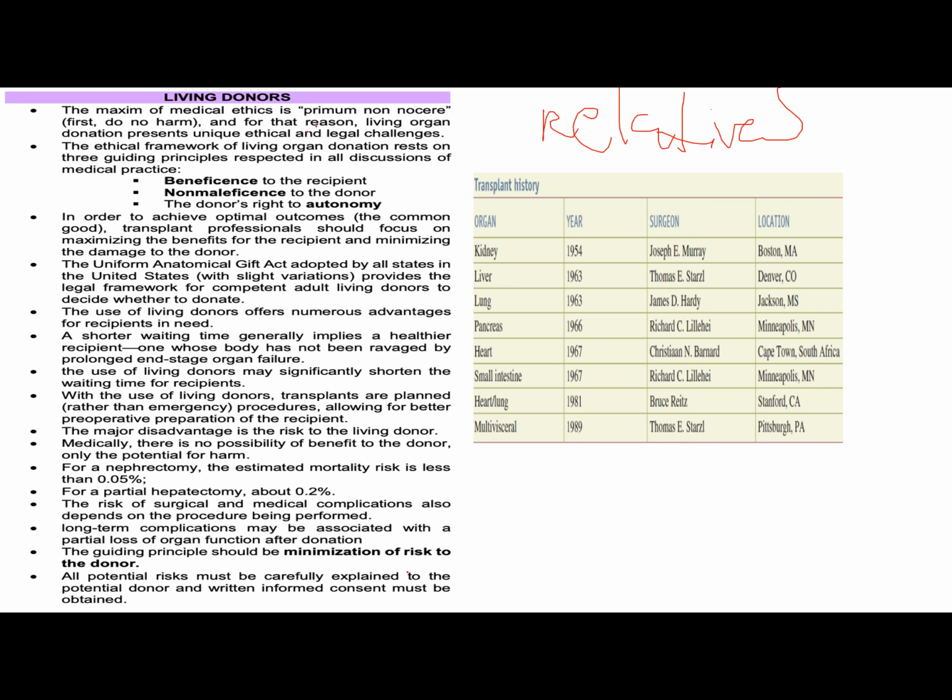The ethical code here is from the Latin primum non nocere, meaning first, do no harm. And on that basis, class, yan yung ginamit nilang ethical and legal basis.